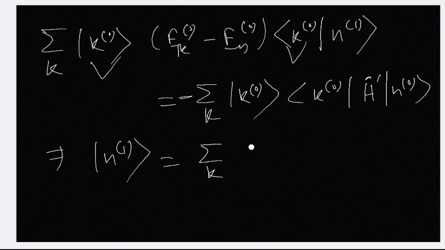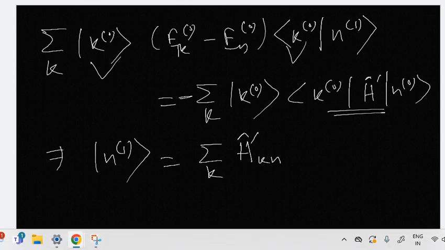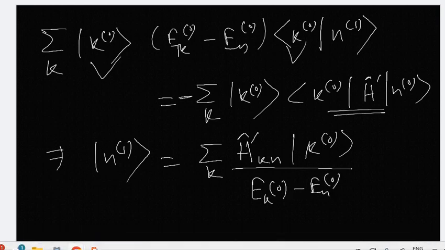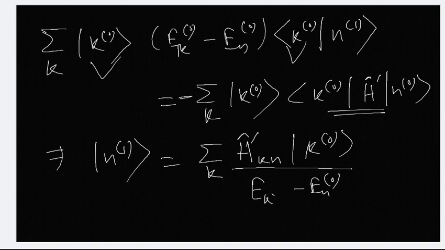And this term is nothing but H'kn, the matrix element of H'. If you express the matrix of H' in terms of the initial basis, then this is H'kn over (Ek0 − En0) times |k0⟩.